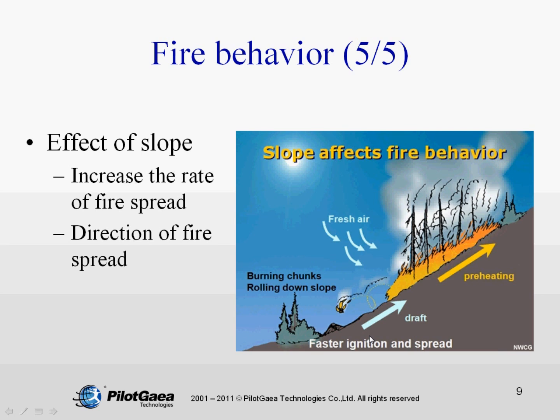The rate to the top is faster than to the bottom. This means the fire spreads mainly to the top. Therefore, if the ignition point is on top of the mountain, the rate of spread will be obviously slower than if the ignition point is at the bottom of the mountain.